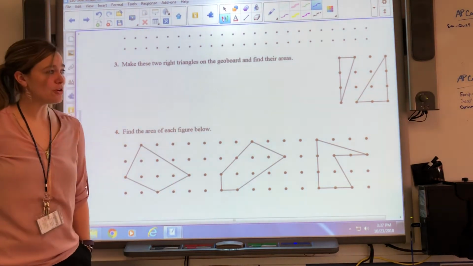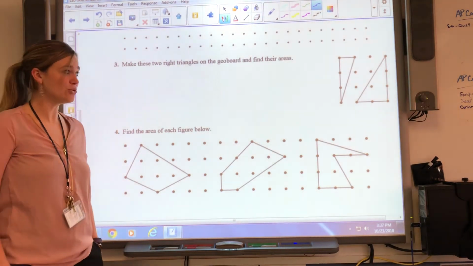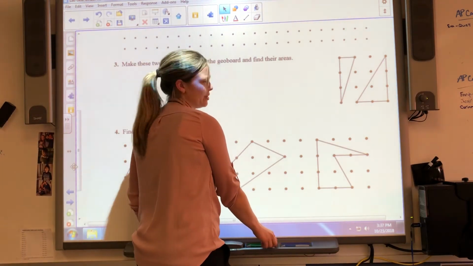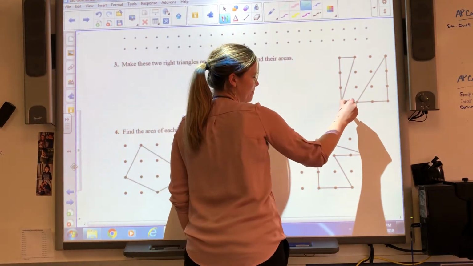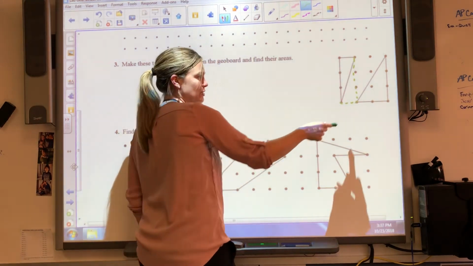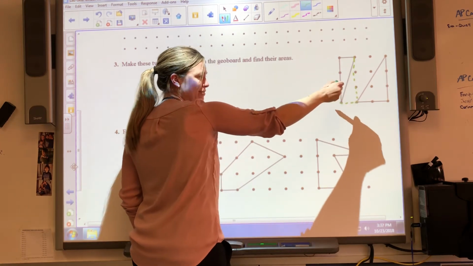And so I just want to remind you of something that we did a long time ago, like in Unit 1, but we're going back to it to make sure that you remember. In Unit 1, well, was it in Unit 1? Maybe it's Unit 2. See how this one? Remember when we did this, and this would make a rectangle, and there are 3 boxes here? So the triangle is half of that.